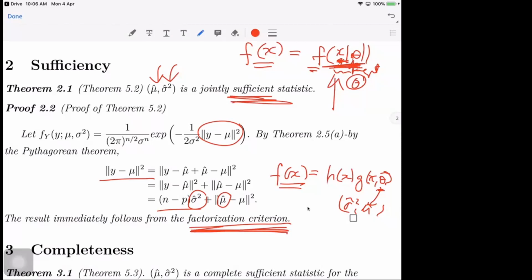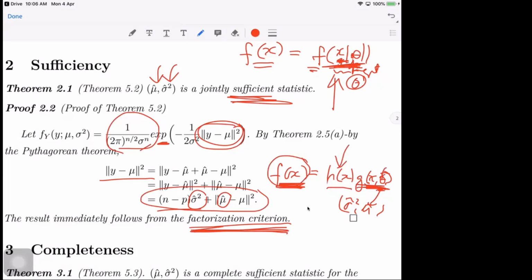That is, if you can factor your density function into two components, one is just a function of y, but constant with respect to the parameter, and the other term is a function of y and the parameter, which can be shown in this manner.